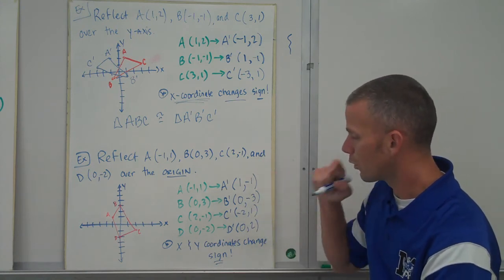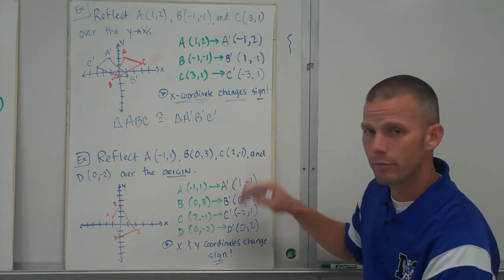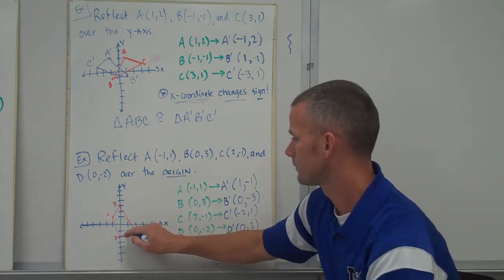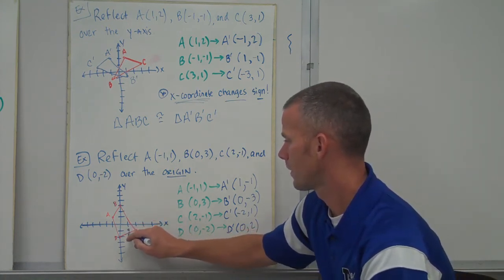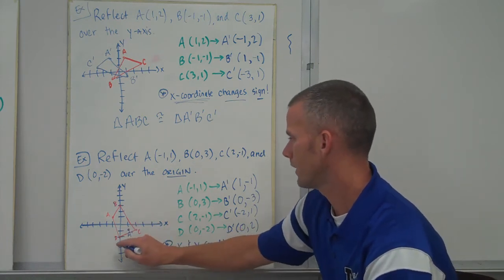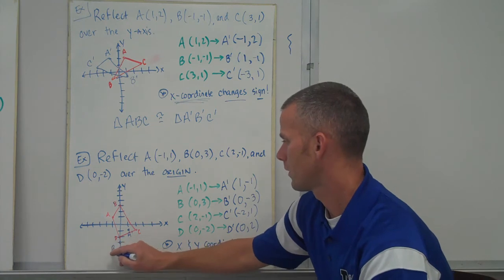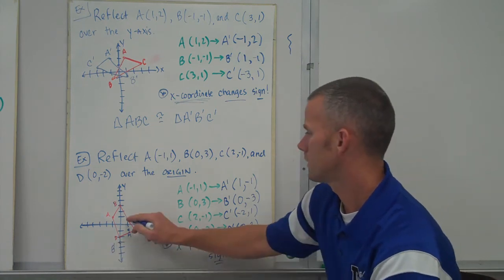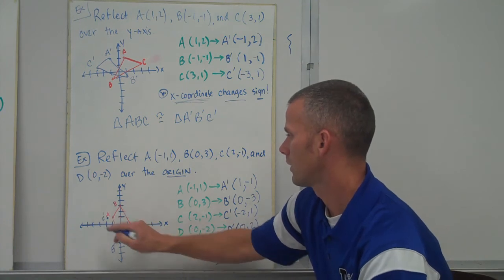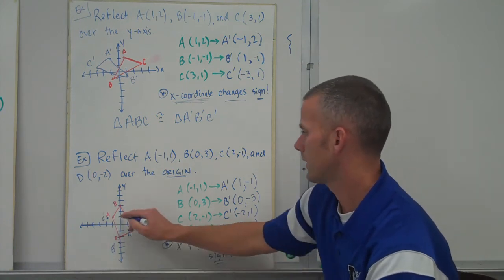So I've got my brand new ordered pairs, A prime through D prime. I can plot those on the coordinate plane. There's A prime. D prime is at (0, -3). C prime at (-2, 1). And D prime at (0, 2).